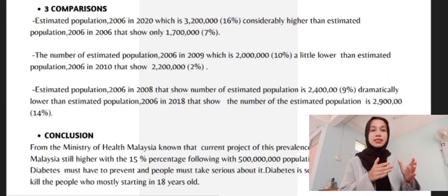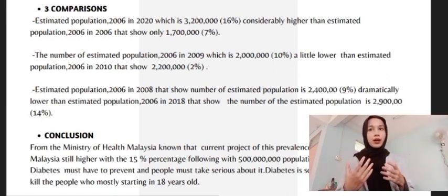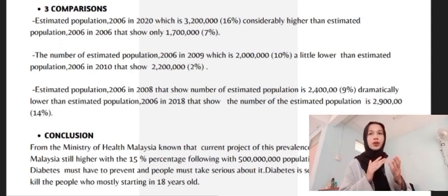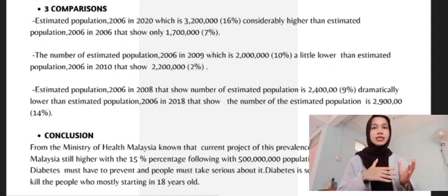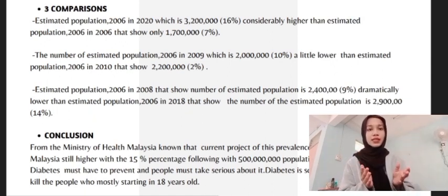Three comparisons that we can conclude in this bar graph. First, the estimated population 2006 in 2020 is 3,200,000 in percentage 60%, considerably higher than the estimated population 2006 in 2006 that shows only 1,700,000 in a percentage of 7%.